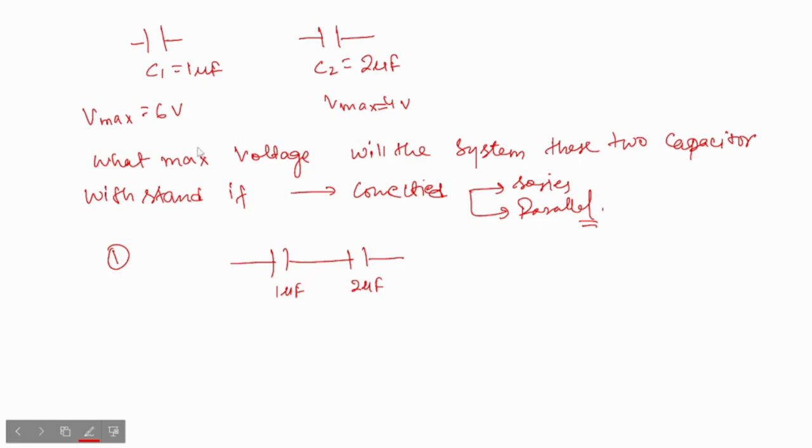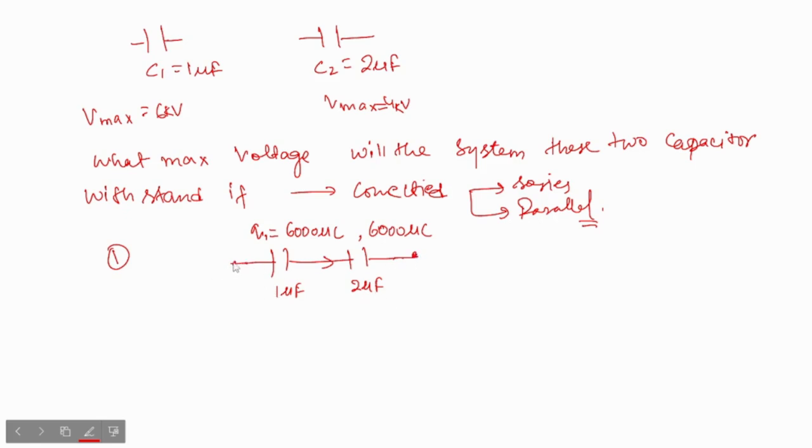So the charge on this in the first case will be C1 into V1, that means Q1 equals 6000 microcoulomb, and the charge which will be there on C1, there will be the same charge on C2, because they are connected in series.